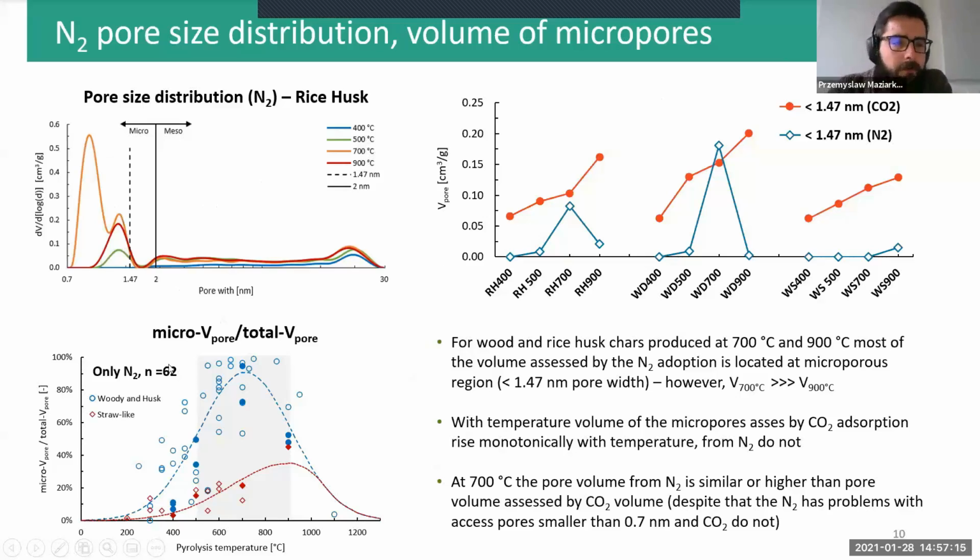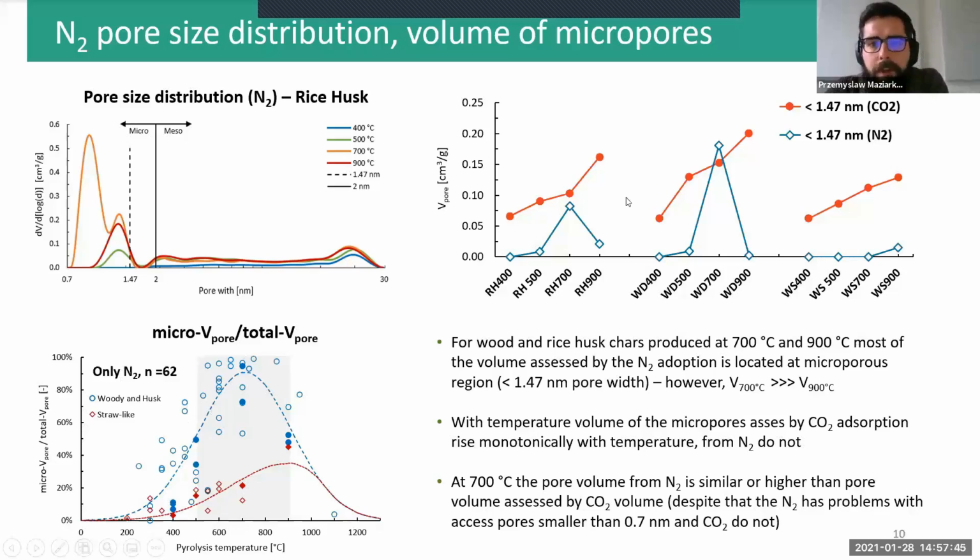Overall, from the broad data set that was available to us, we observed that from 500 degrees to more or less 900 degrees, most of the total volume assessed by the nitrogen is located in the microporous region. So that would mean that for 500, 700, and 900 degrees, specific surface area is mostly dependent on the micropores and the assessment of those structures.